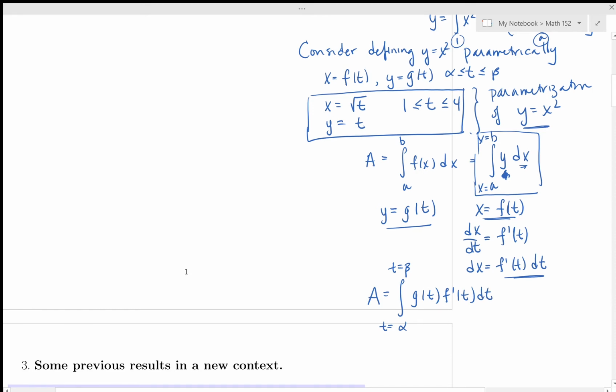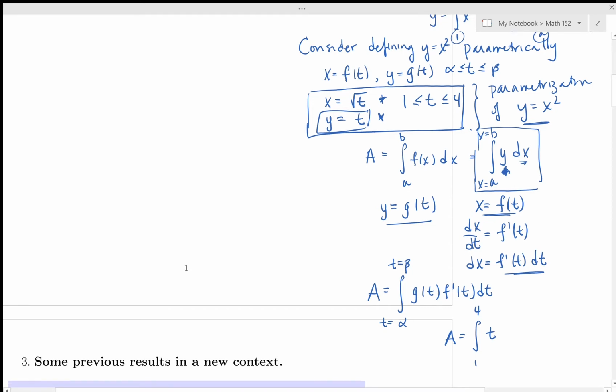Okay, let us try that out with the example that we have here. We have a parameterization, we have right here f of t and g of t. So I'm now going to try out my integral on my parabola. That is, the area is going to be the integral where t ranges from 1 to 4, and then I have here g of t, that is the y. And then I have f prime at t, so I have to take the derivative. I just want to be really clear here.